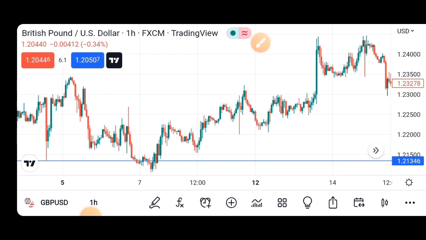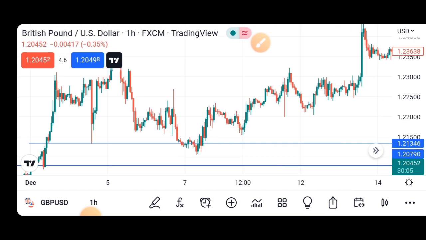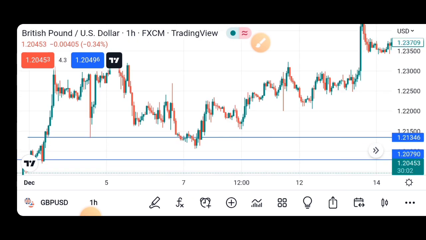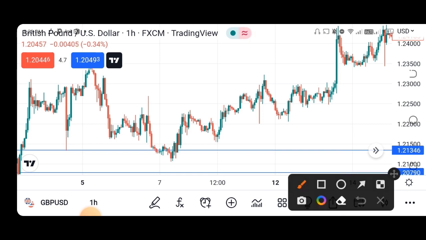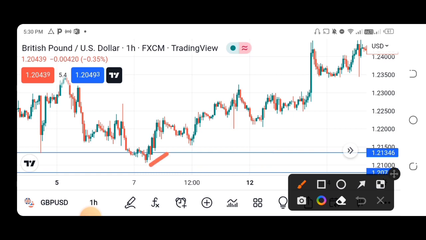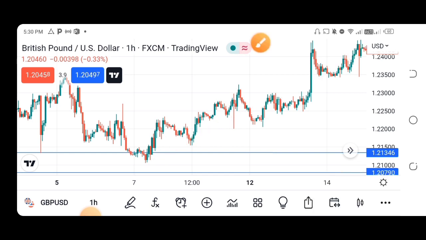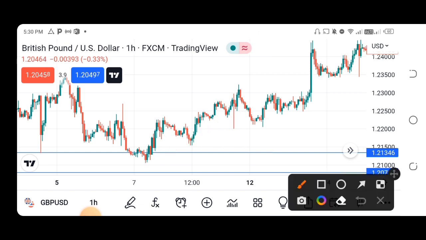So first thing is we are going to look into our chart, and as you can see on this current chart, we are in a bullish trend. For you to know if you are in a bullish trend, you can simply draw a trend line. Boom, you see that it's going up, right? Either way you want to do this, I just want to show you that you are in a bullish trend.